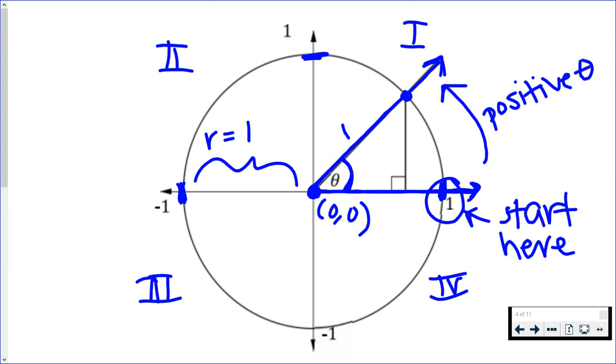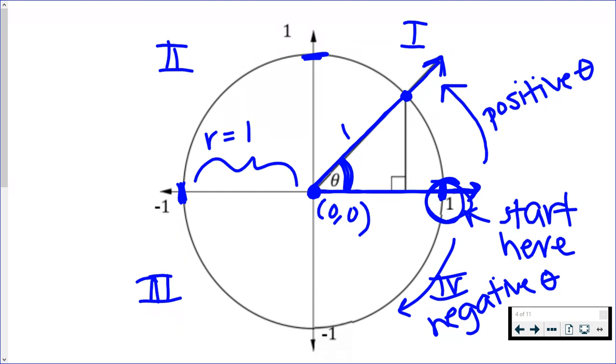If we go back to our starting point and instead go clockwise, we would have a negative angle. But in this example, we started at our starting point and then moved counterclockwise, so theta has a positive angle measure.